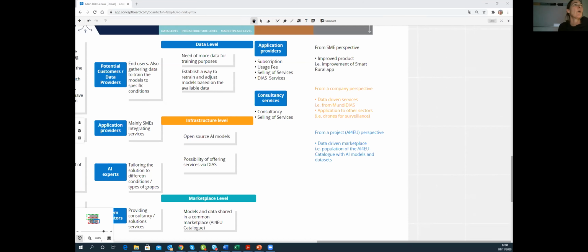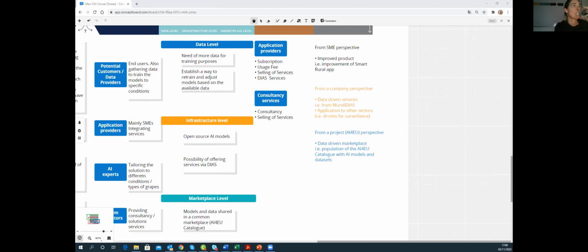Yeah. However, your use case is quite complex, right? Yeah, in fact, when we started the project, we didn't have any winery or any end user in our pilot, which was a problem as usual.